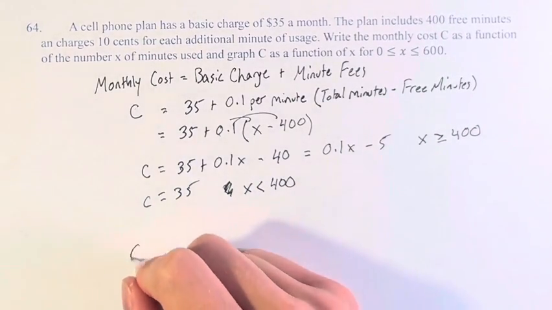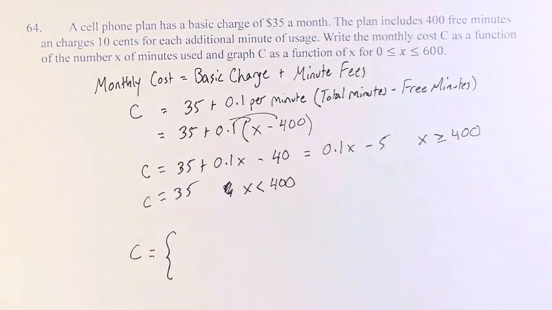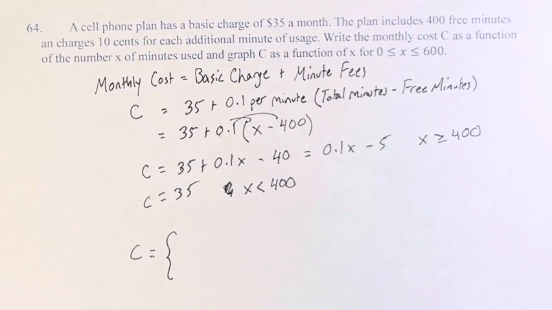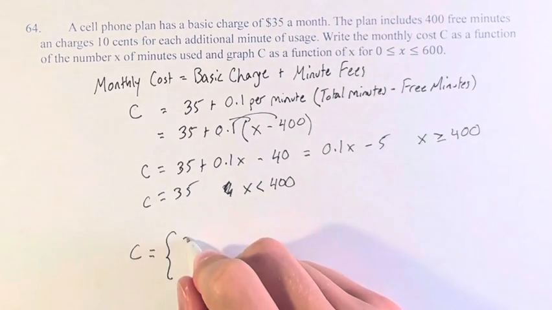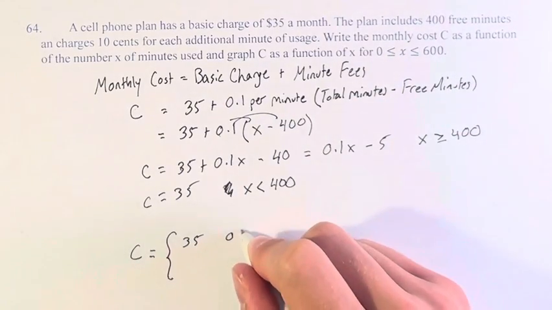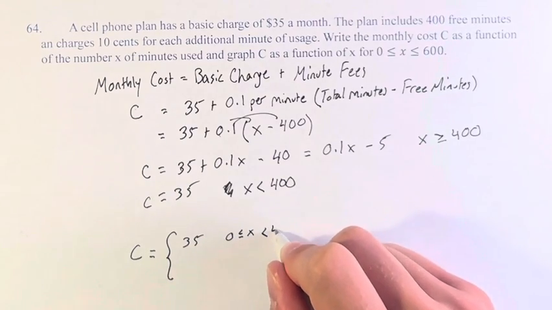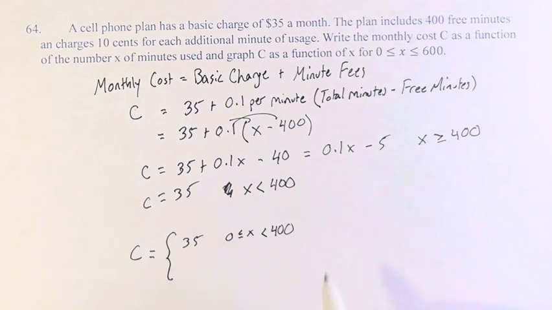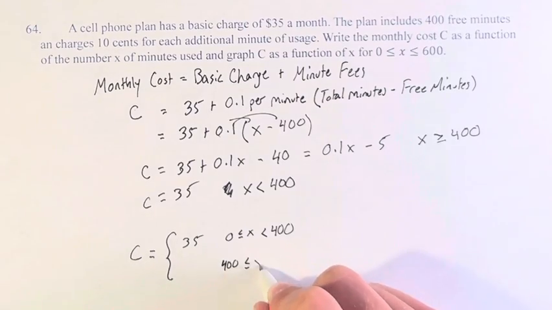So therefore, we are looking for 0 ≤ x ≤ 600. We're looking for that range. C is equal to 35 for 0 to 400, 0 inclusive, 400 exclusive, not including 400. It doesn't matter whether we include 400 or not. It's just here, 400 is less than or equal to x.